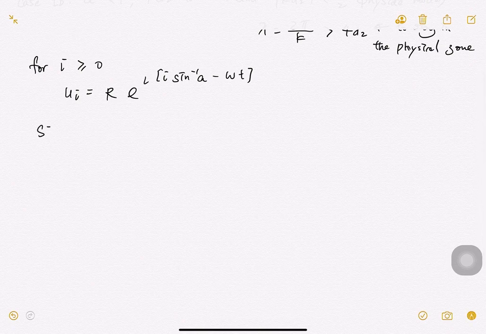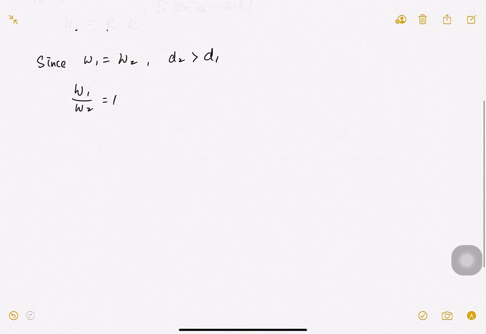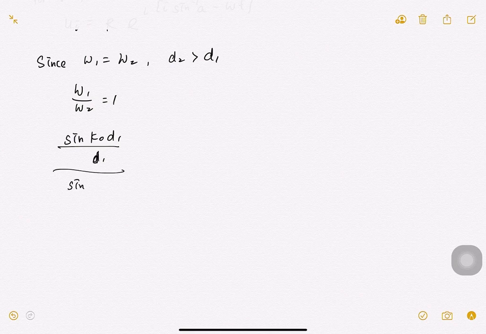Okay, since omega 1 equals to omega 2 and d2 larger than d1, and then we have the discrete dispersion relation over d1 over sine k d2 over d2 equals to 1. This is coming from the dispersion relation.